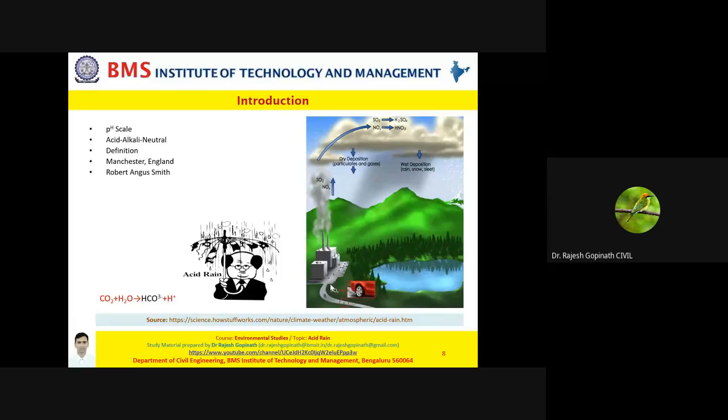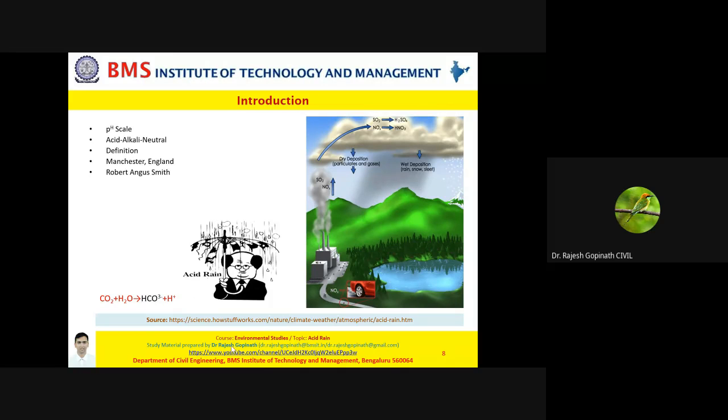Only at the point of formation, the rainfall is neutral. But as the rainwater trickles down, it dissolves various gases. The most predominant gas, under normal circumstances, is carbon dioxide. When your rainwater dissolves carbon dioxide, it results in the production of carbonic acid.